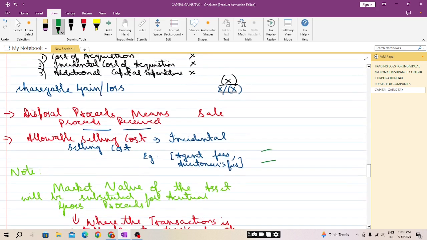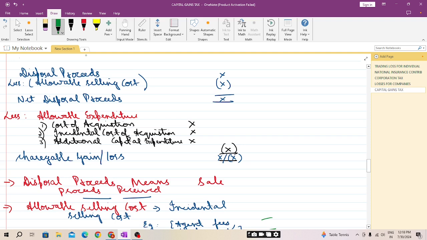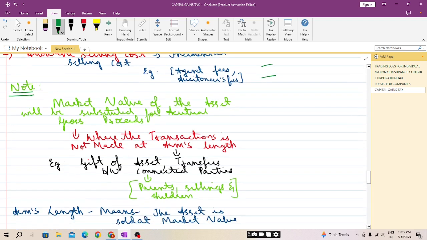Then the most important note, students, is that the market value of the asset will be substituted for the actual gross proceeds. For the sale proceeds, we will take market value when the transaction is not made at arm's length. Arm's length means the asset is sold at market value.